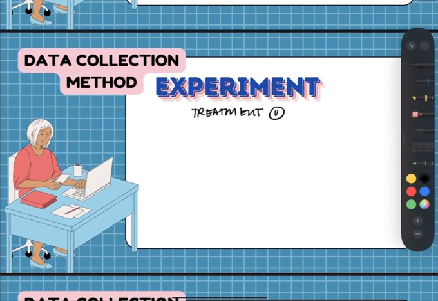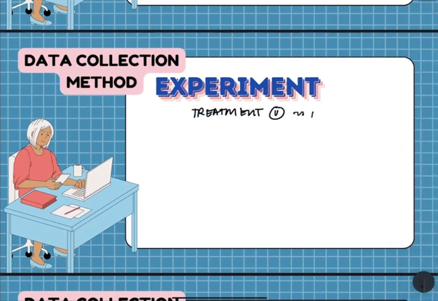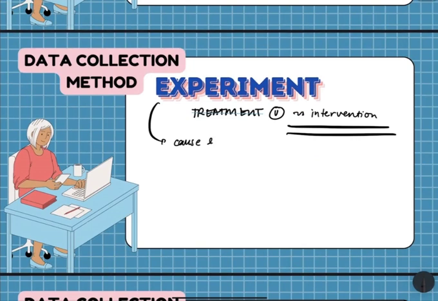This treatment variable is also known as your intervention. Because we are trying to test the effect of the intervention, your experiment actually explores cause and effect, particularly on your independent variable and your dependent variable.